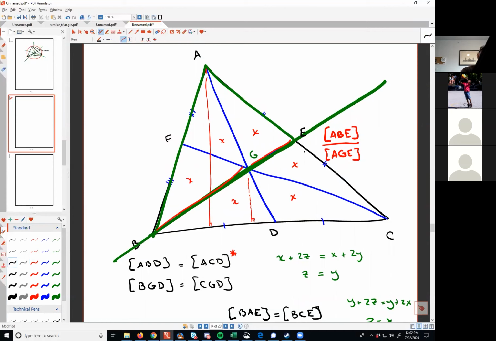It's not 2-to-1, it's 1-to-1 because 3x is to 3x. Okay, it's 3x on top, and the area of AGE is just x. Oh yeah, sorry, I didn't see the other. Okay, my bad. Yeah, it's 3:1 rather.